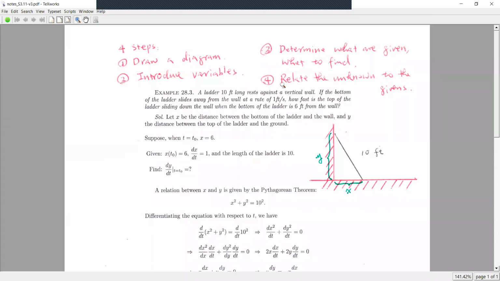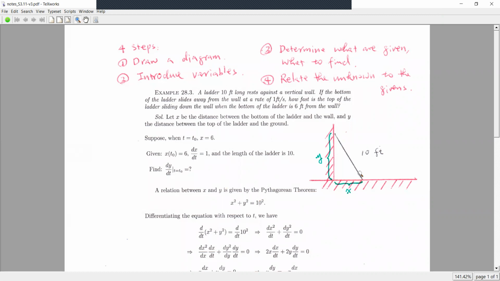Step 4. Relate the unknown to the givens. The unknown is dy/dt, and the given is dx/dt. To find a relation between these quantities, I start with the Pythagorean theorem. Consider this right triangle.